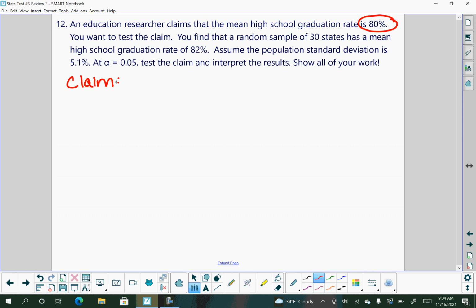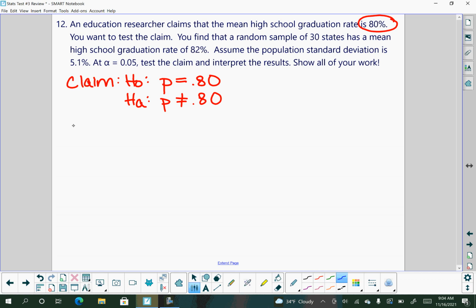The claim is that the graduation rate is 80%. So the claim is that the proportion is equal to 0.80. And because that's a statement of equality, my claim is the null hypothesis, which means the alternative hypothesis is that my population proportion is not 80%.